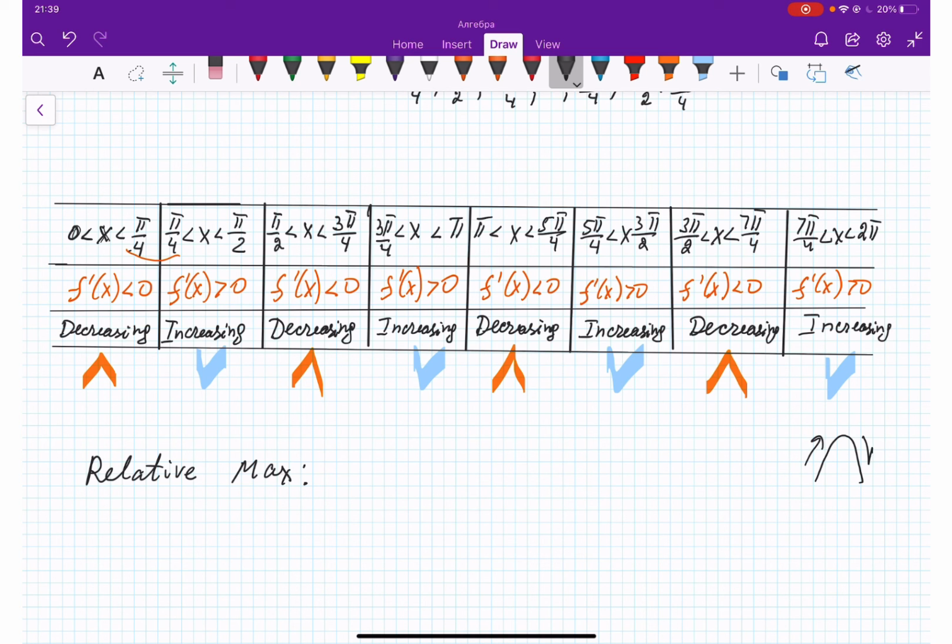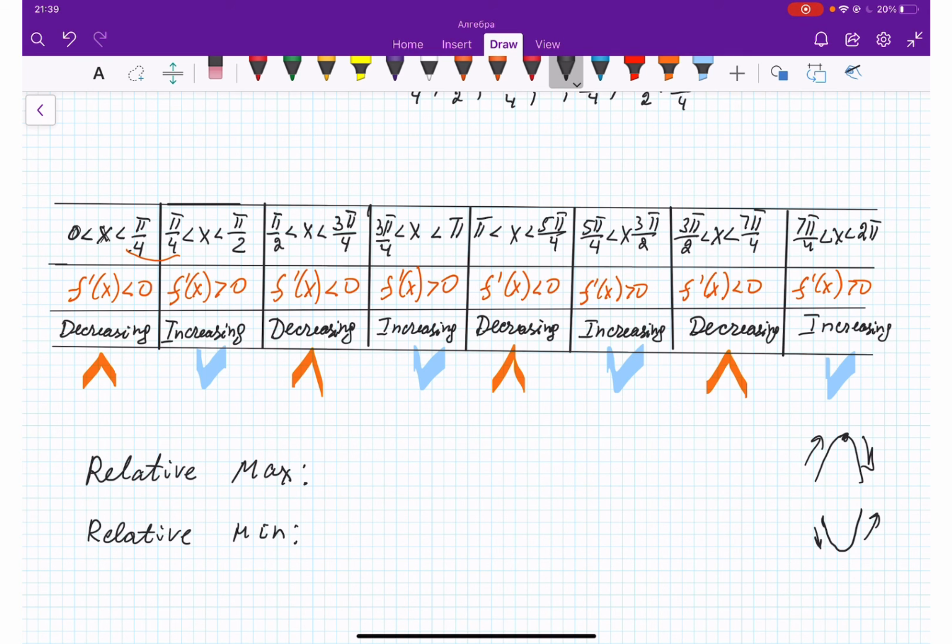And when the graph switches from decreasing to increasing, then we are getting relative minima. Now, when the graph switches from f prime less than 0 to f prime greater than 0, we are dealing with minima. And if the opposite, from greater than 0 to less than 0, we are dealing with relative maxima.